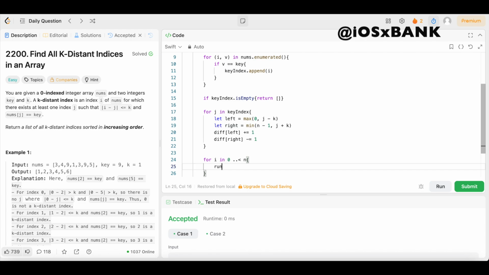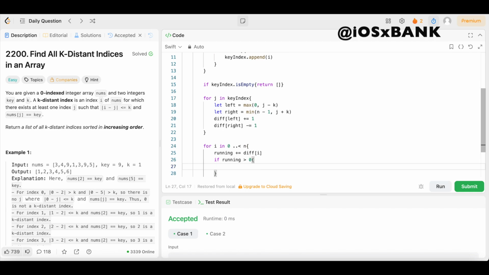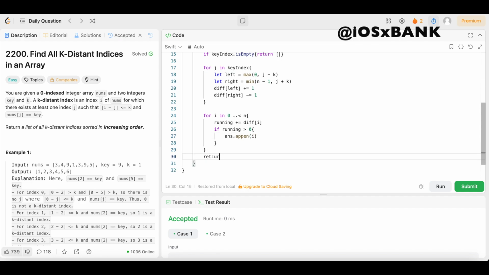We say running plus equals diff[i]. Then if running is greater than 0, we say ans.append(i), and that means i lies within at least one valid range. Then we just need to return all of the k distant indices, so we return ans. Just like that, y'all.